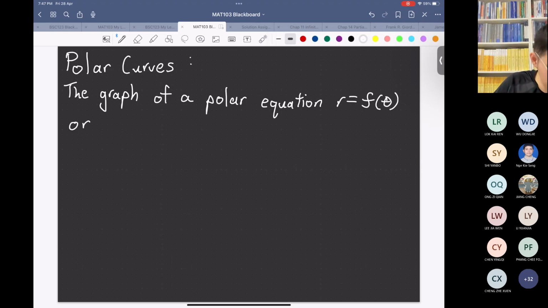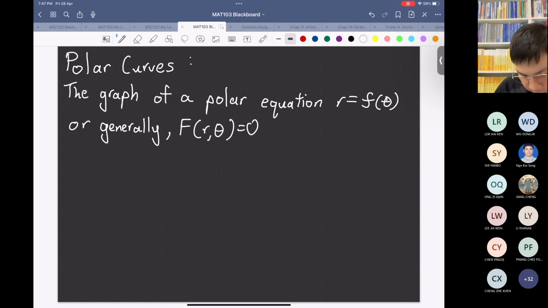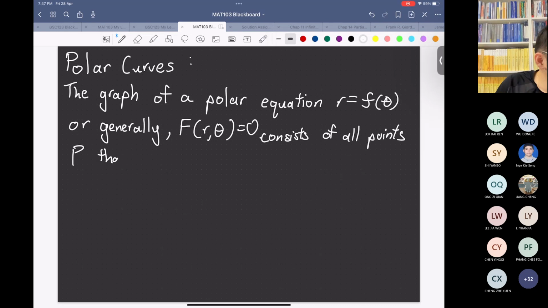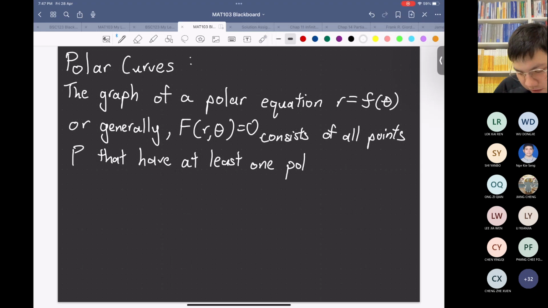Or we can move everything to the other side, where we get 0 on one side. This is a typical form. This consists of all points P that satisfy at least one polar representation.